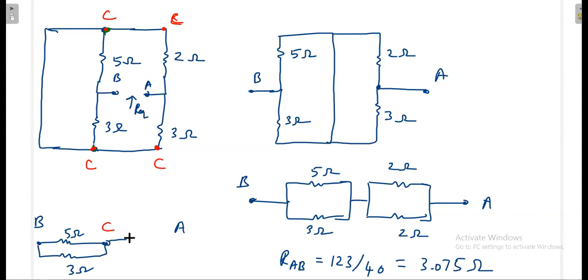This resistance going from A to C is 3 ohm. Sorry, I made a mistake, this is 2, 3. Both are again in the same format, so finally I'll get 3.075 ohm only.